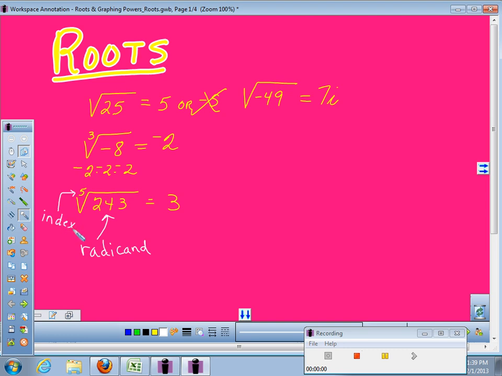It's the index. Technically, a square root has an index. What index should be on a square root? 2, because you're saying what times itself twice. So there really should be a 2 on a square root. But mathematicians use that one so much they decided not to write the little 2 all the time. If there's no index on there, everybody knows it means square root. We're not going to put the 2 on, but technically it is there.